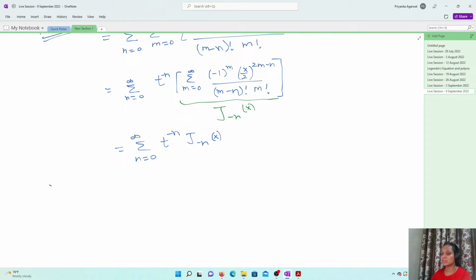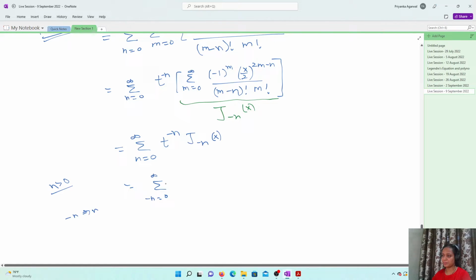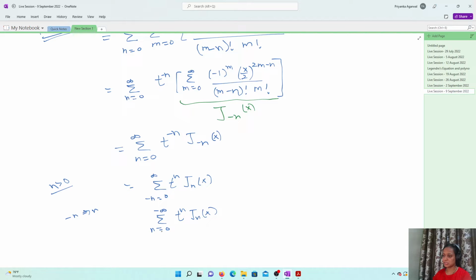Here we know that n is greater than 0. We can also write it as summation minus n equals 0 to infinity. We replace minus n by n, t to the power n J n x, and this can then be written as n equals 0 to minus infinity. It's basically the reverse way, minus infinity to 0.